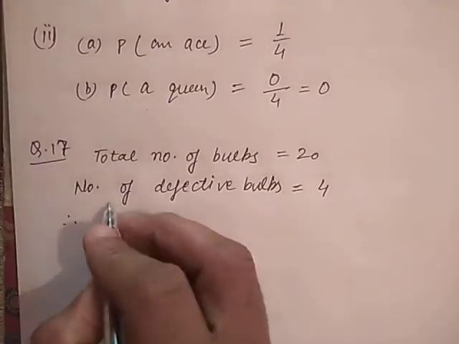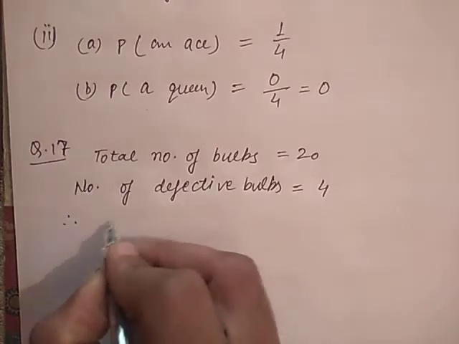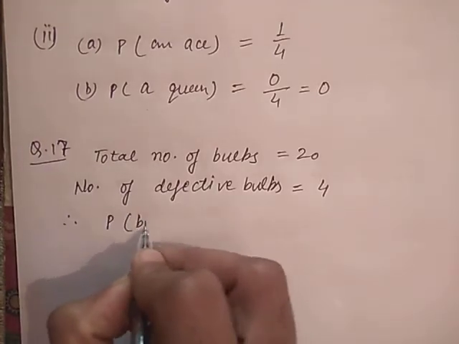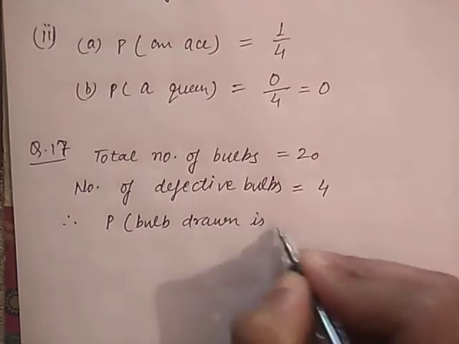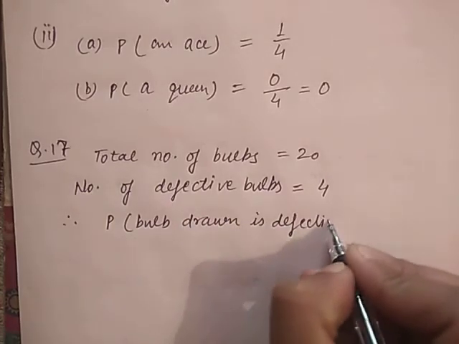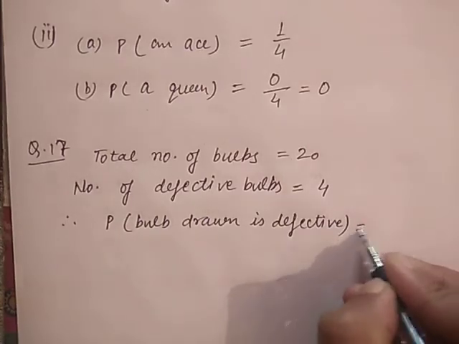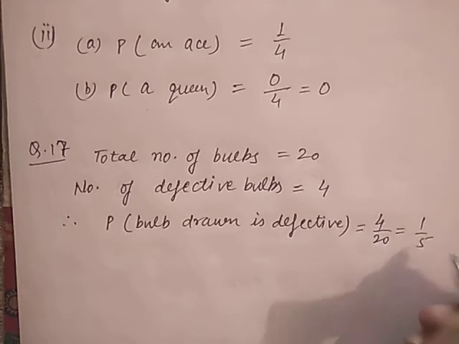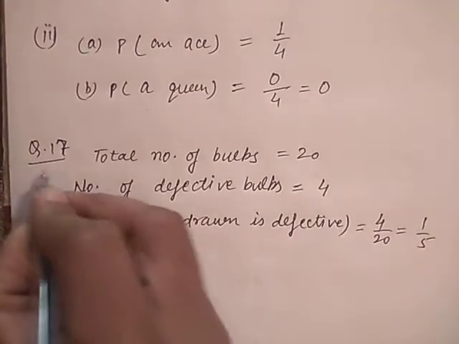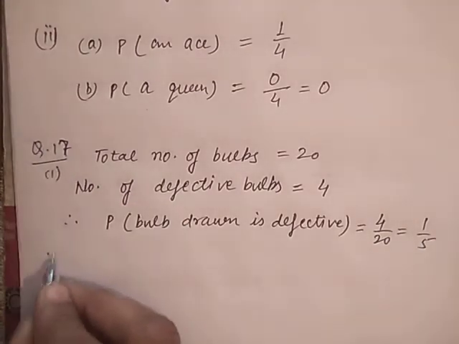Therefore, probability of the bulb drawn being defective will be, defective are 4 and total are 20. It is 1/5. This is the first case.